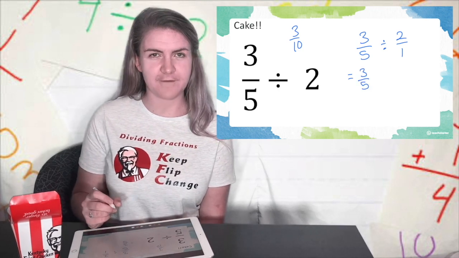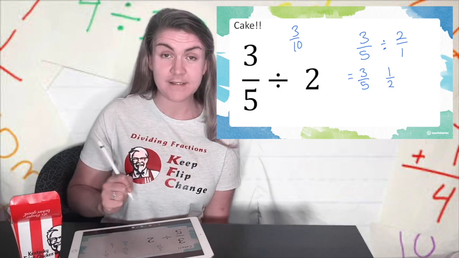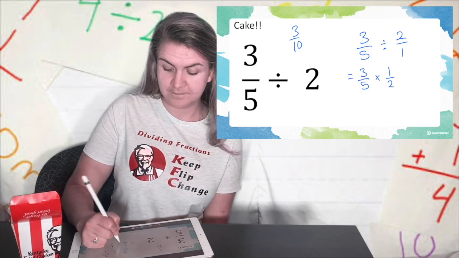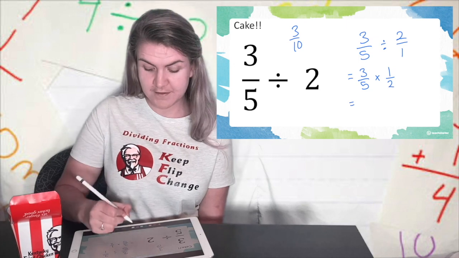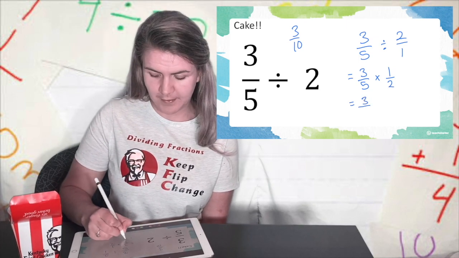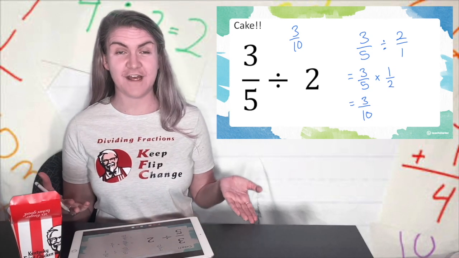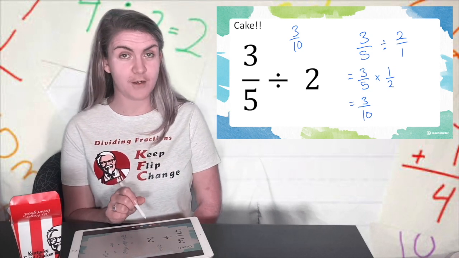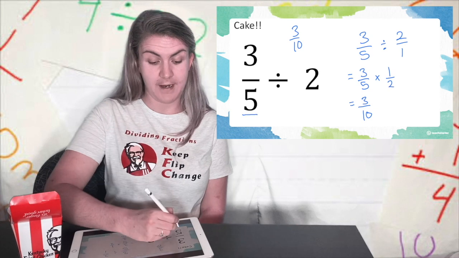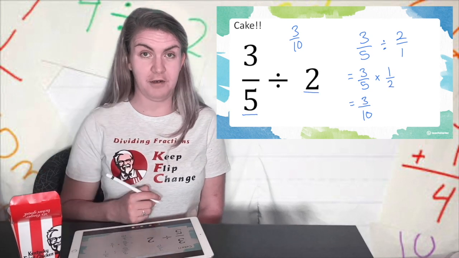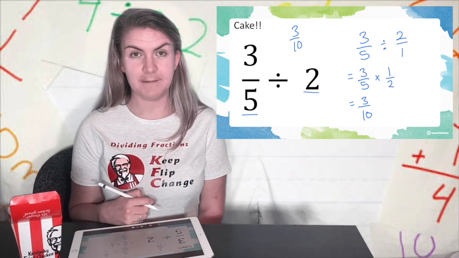F, flip the second fraction upside down. C, change to a multiplication. Now I know how to multiply fractions. 3 times 1 is 3. 5 times 2 is 10. So I got 3/10. So when I've got a fraction divided by a whole number, it's the same as multiplying the denominator by the whole number, or multiplying by the reciprocal.